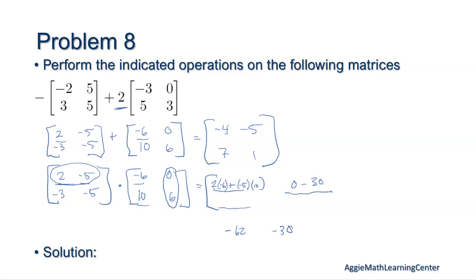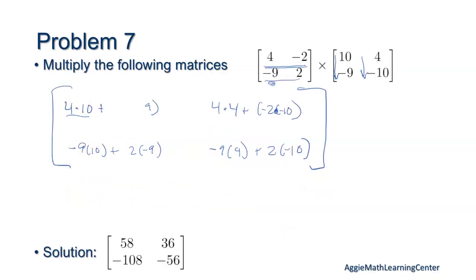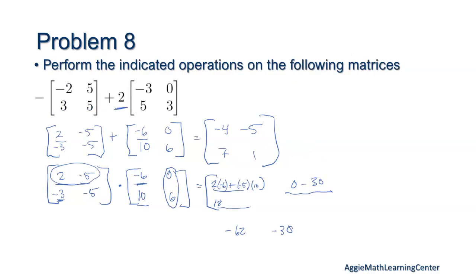Now I'm looking for this bottom left, so I'm going to look at -3, but I'm still looking at this top one first because it's the first one in the column of the second matrix. -3 times -6, 18. -5 times 10, -50.